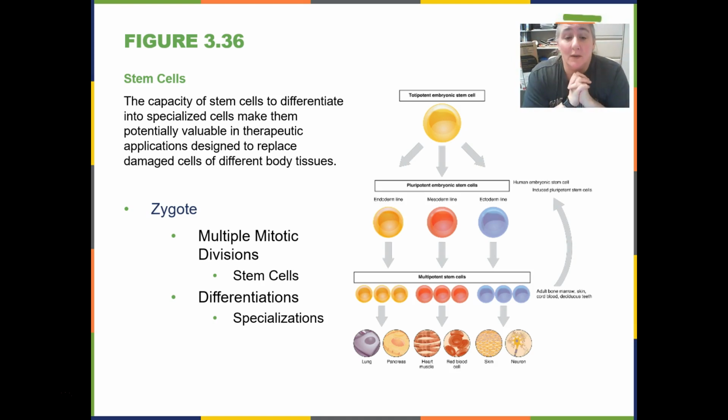Once the cell has hit the blastocyst stage, it's going to embed in the uterus.